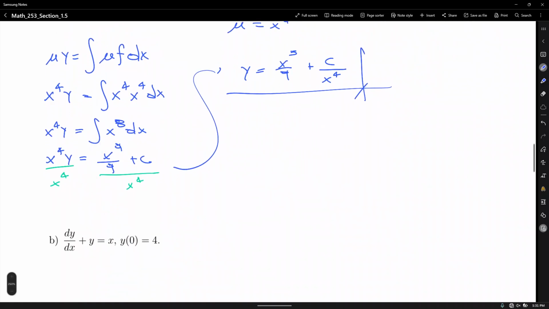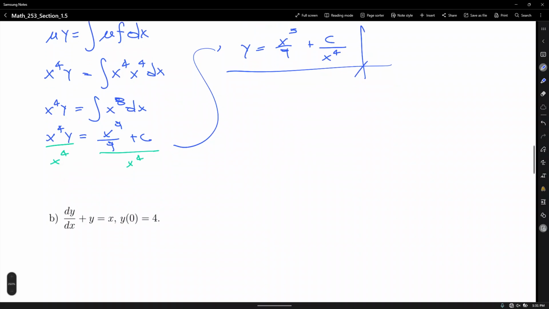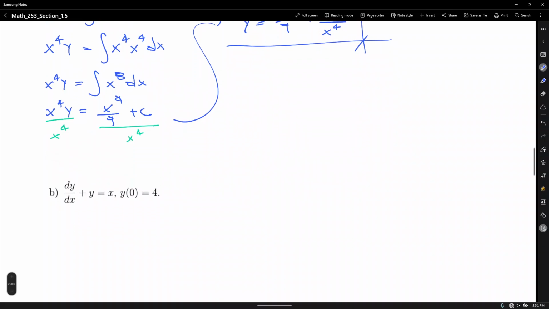One example with an initial value problem, by the way. Now, let's have a look at this equation before solving it. Is it separable? So dy dx equals, I'm going to move the y to the right-hand side, x minus y.